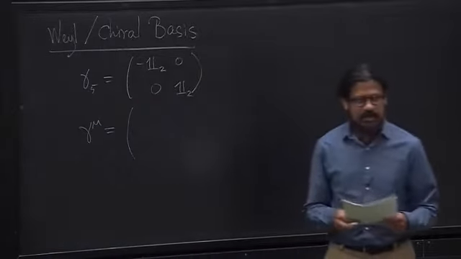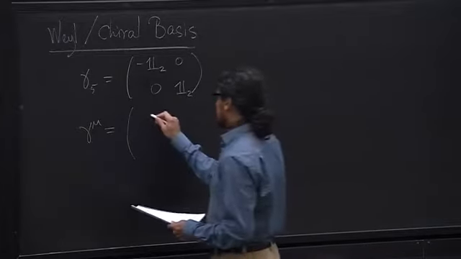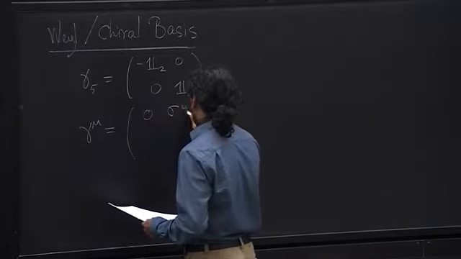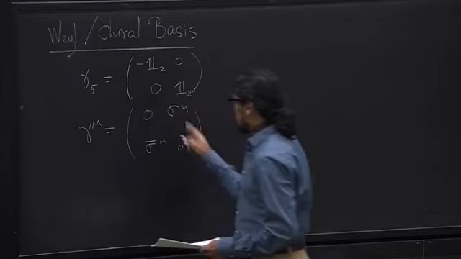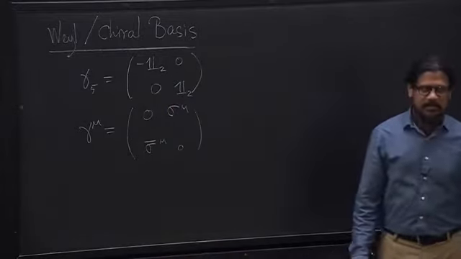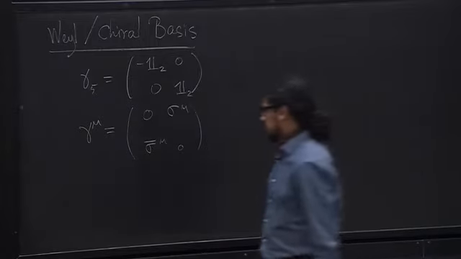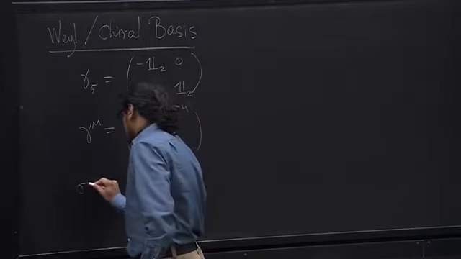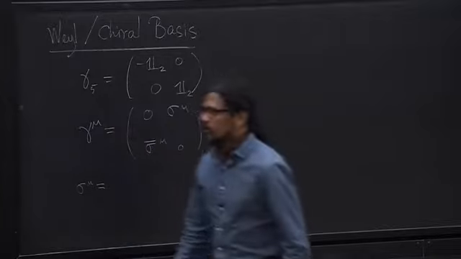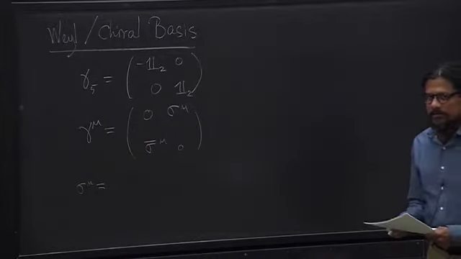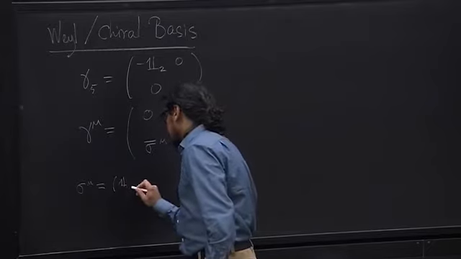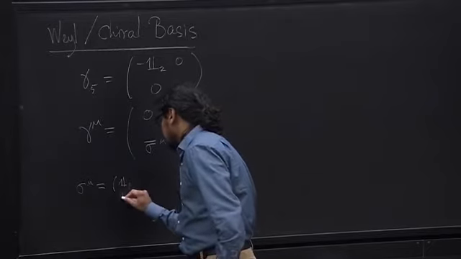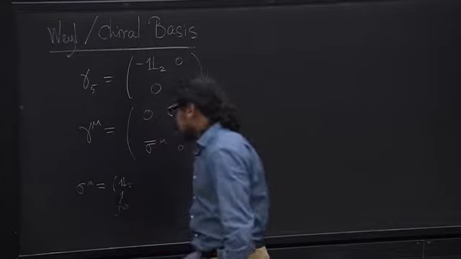They take nice forms in every basis. We introduced the sigmas in the tutorial yesterday. What are these sigmas? Sigma mu is a collection of 4 matrices. Sigma 0 is just the 2 by 2 identity matrix. This is sigma 0.